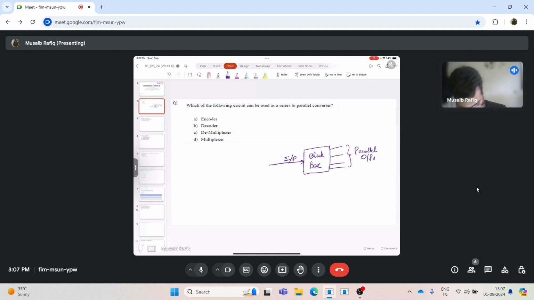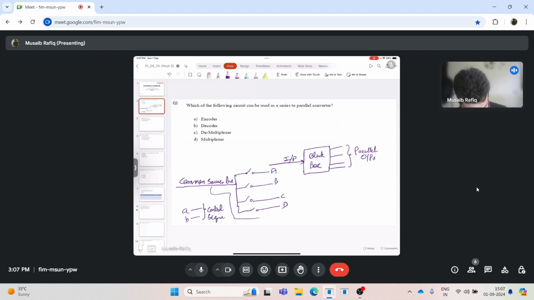So in general, we can say that we have a signal which is called a common source line, and it goes to a circuit such that we have switches in here, and these are our parallel outputs, and there are control signals, let's say A and B. Based on the value of the control signal, the input gets routed to one of the output lines.